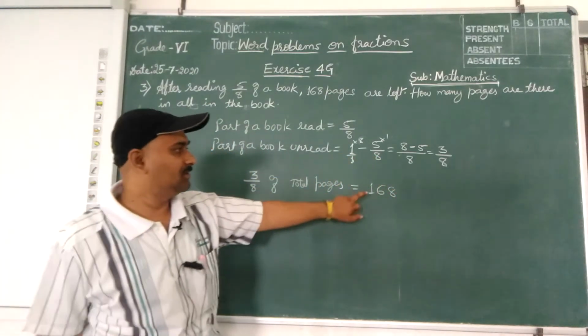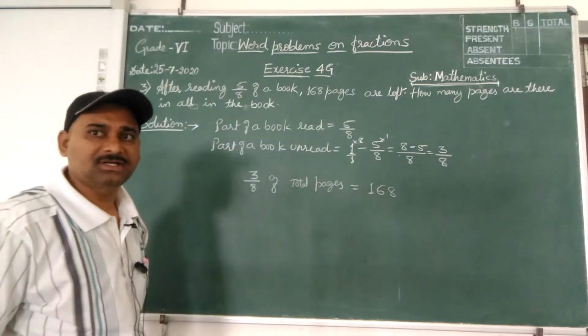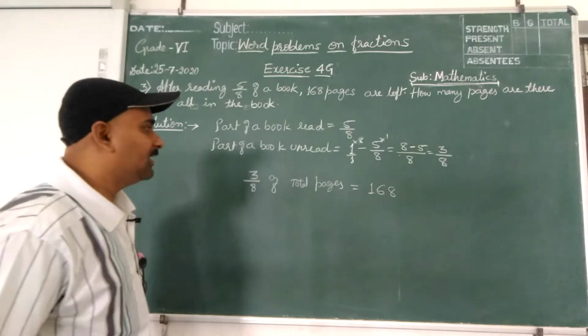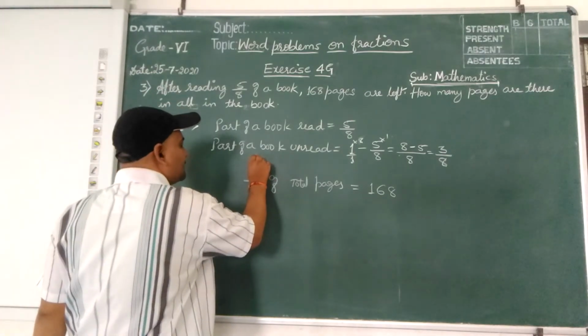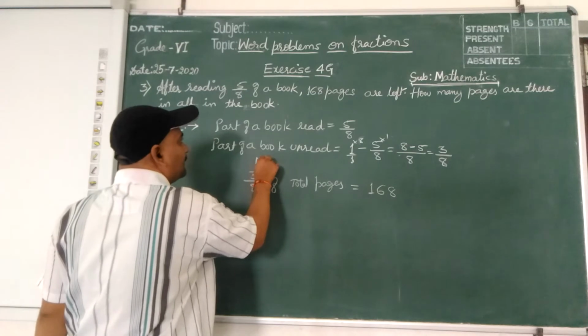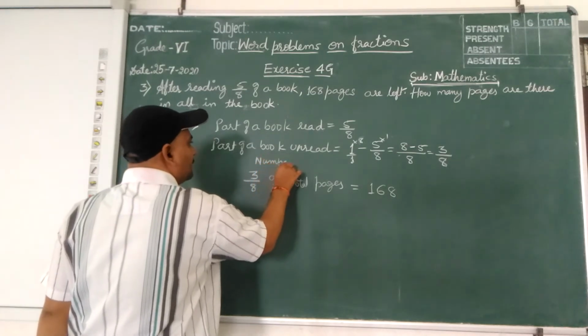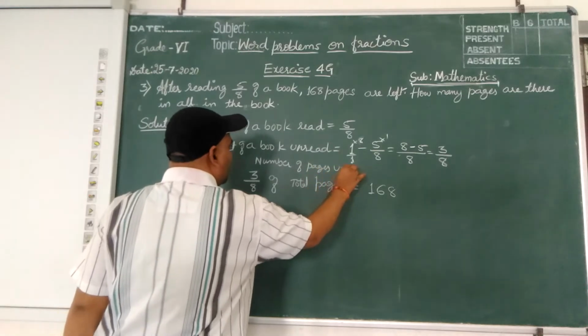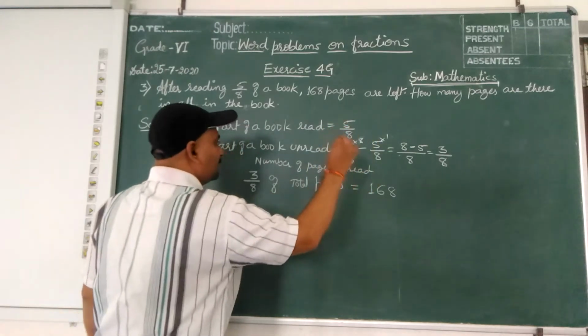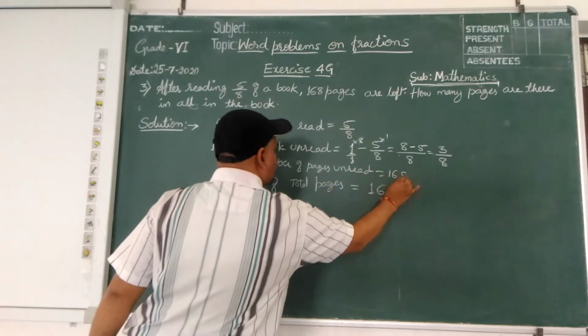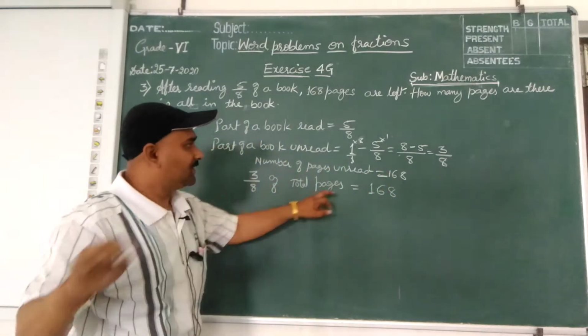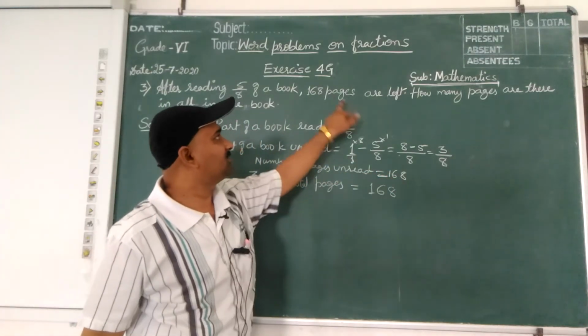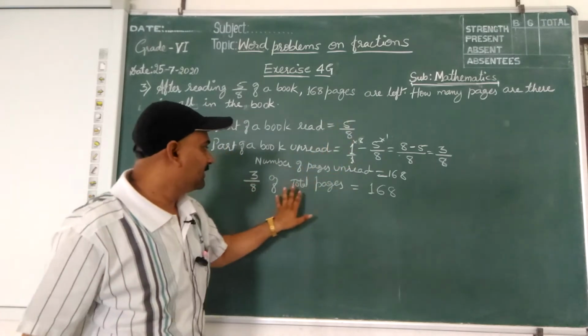This is given now. 168 is what, children? This is the number of pages unread, equal to 168.